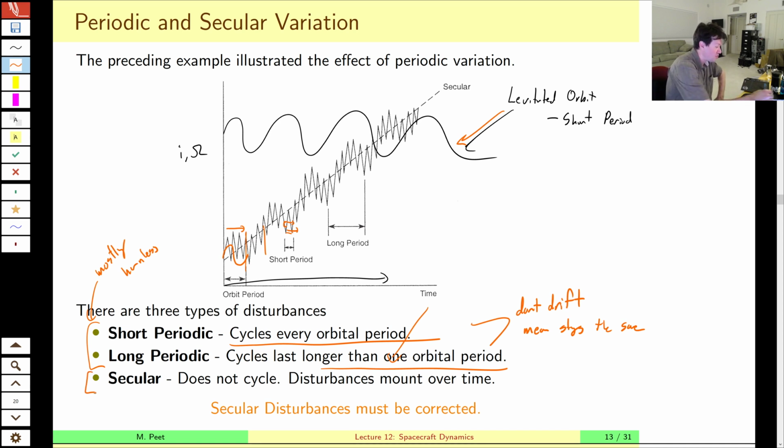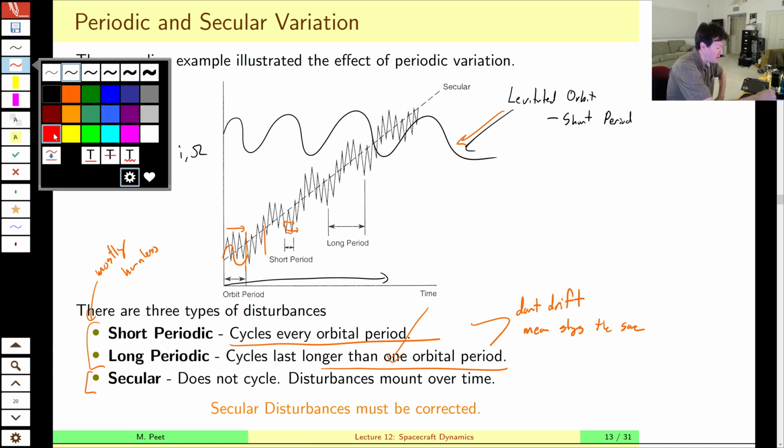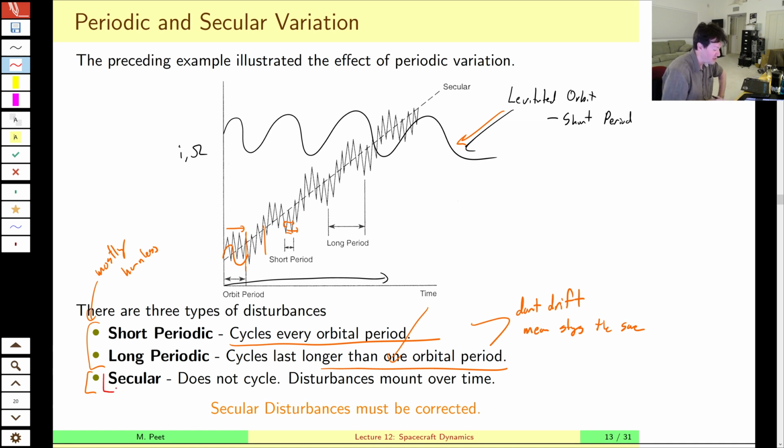In contrast is the other case, the secular perturbations, which accumulate over time, so that you don't get back to where you started. Secular perturbations can be beneficial if they happen.